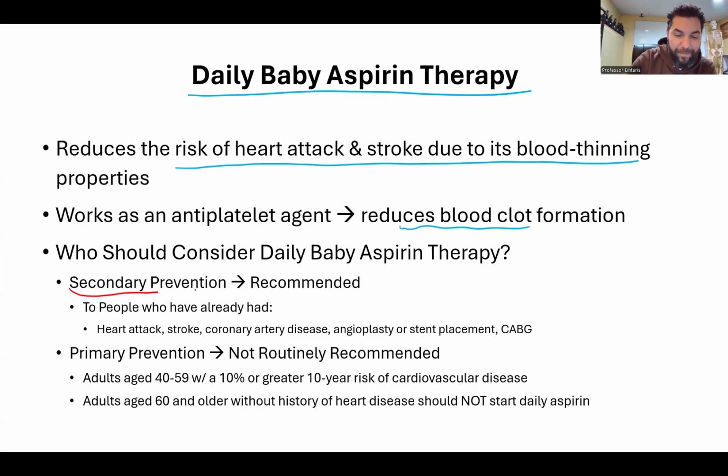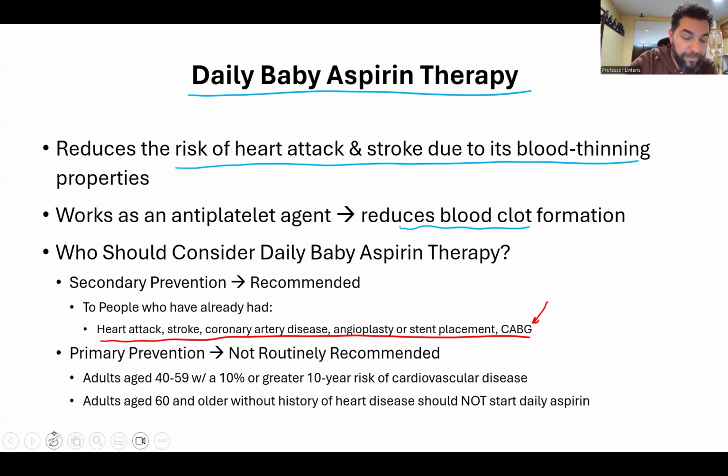It is a secondary prevention for people who've already had some type of cardiac or vascular issue, right? If you've had a heart attack and you had a coronary artery bypass graft, or if you had a stent or an angioplasty or whatever, that could be beneficial.